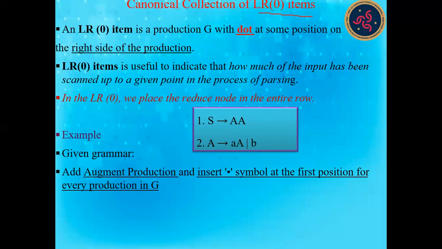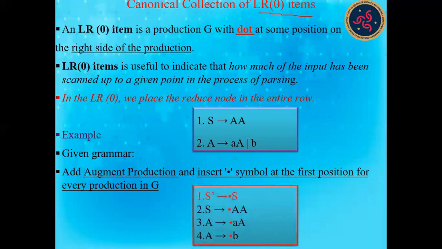Initially we insert this symbol at the first position of every production. So the LR0 items are S prime gives dot S, S gives dot AA, A gives dot aA, and A gives dot b.